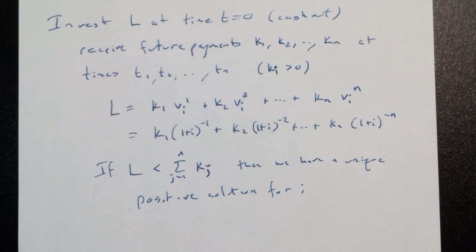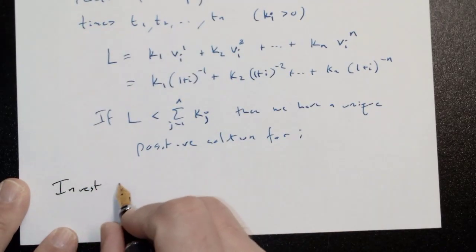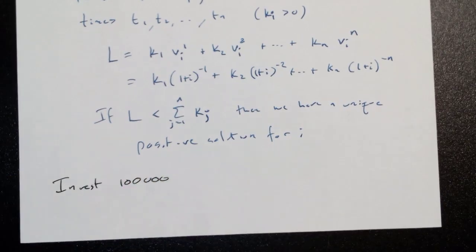An example. I have $100,000 to invest. There are two banks available to me.